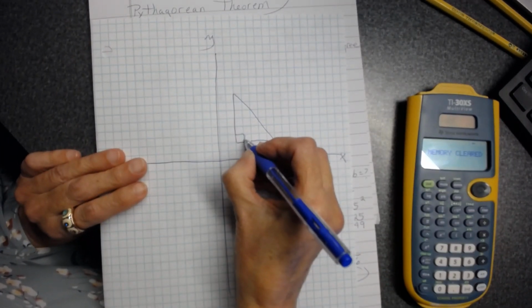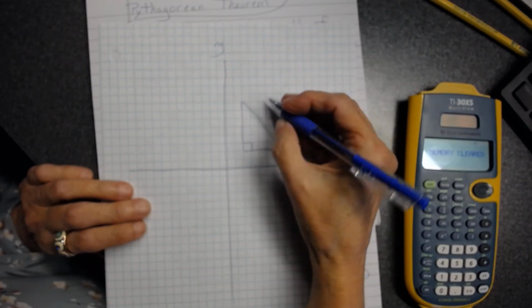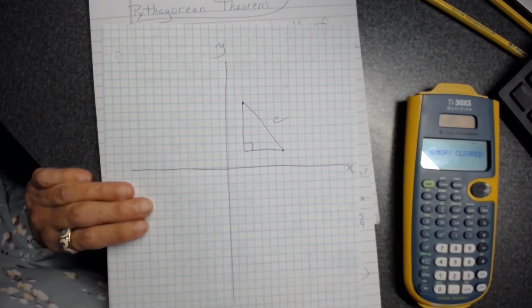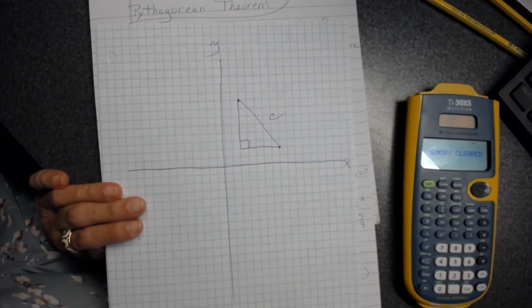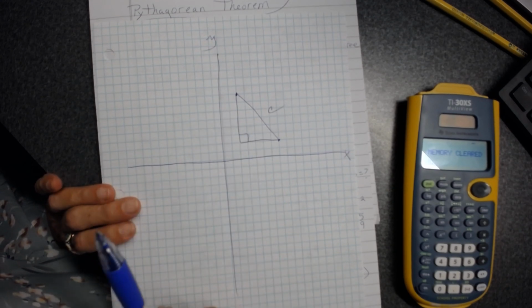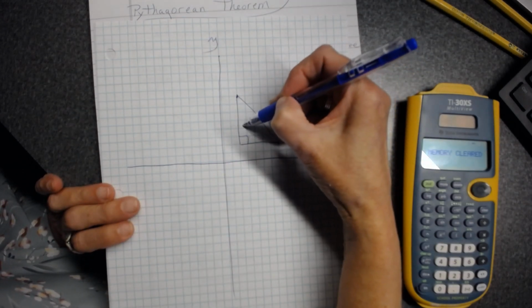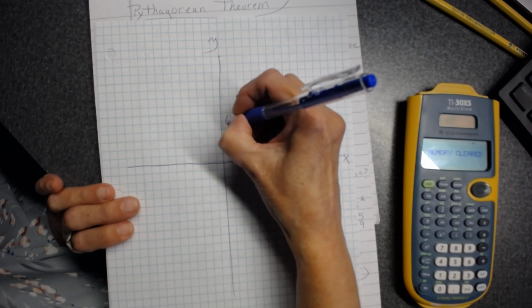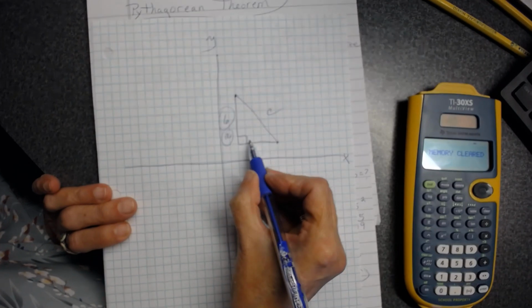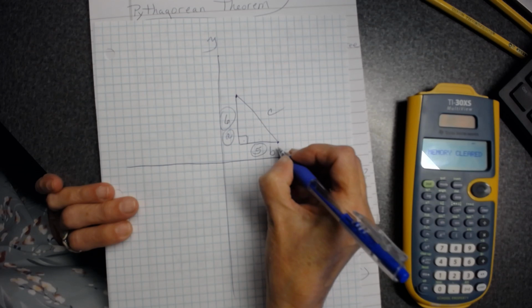We know that that is a right angle right there. And we're asked, what is the length from this point to this point? So we want to find what C is, right? We can just count these out and use them to find C. Let's count. 1, 2, 3, 4, 5, 6 for the length of leg A, and 1, 2, 3, 4, 5 for the length of side B.